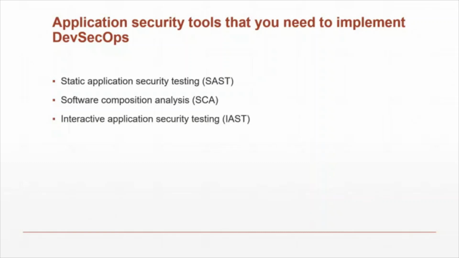Interactive application security testing. IAST analyzes code for security vulnerabilities while the app is run by an automated test, a human tester, or any activity interacting with application functionality.